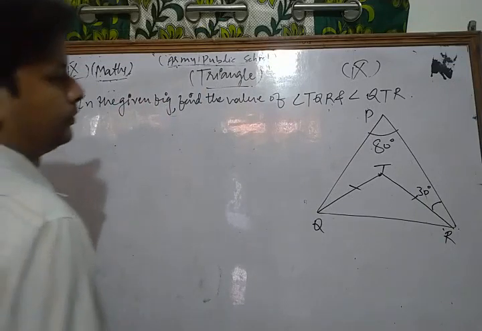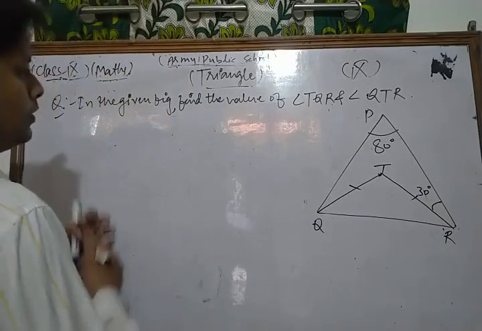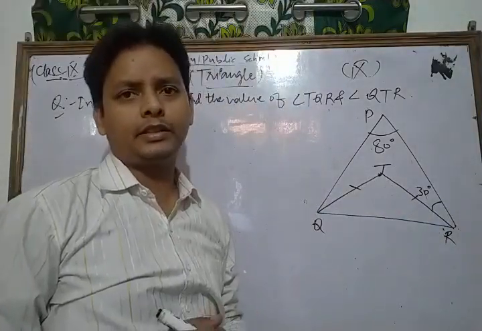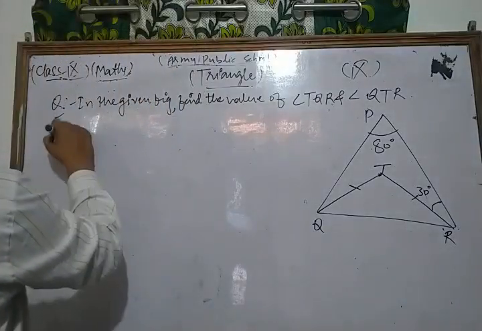Let's see, dear friends. Here TQ and TR are the bisectors of the angles. Now let's see its solution.